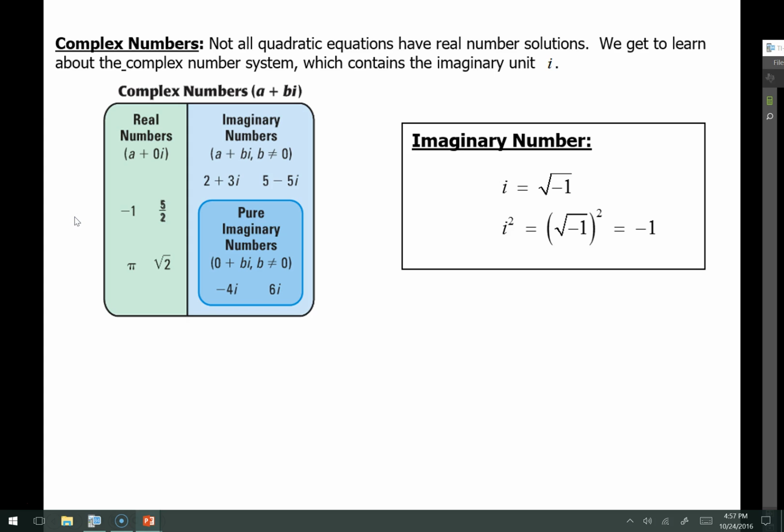Okay, so first we need to talk about what the word complex number means. The idea is that not all quadratic equations have real number solutions. Remember when we were graphing and you had a parabola that looked something like this. There was nowhere that it crossed the x-axis.